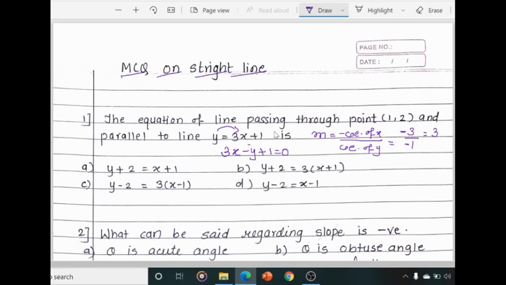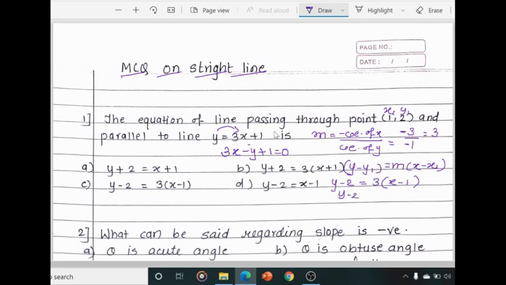And we know when the slope is given and a point is given, we use the slope point form to write down the equation. The slope point form is y minus y1 equals m into x minus x1. Here this is x1 and this is y1. Put the values: y minus 2 equals 3 into x minus 1.